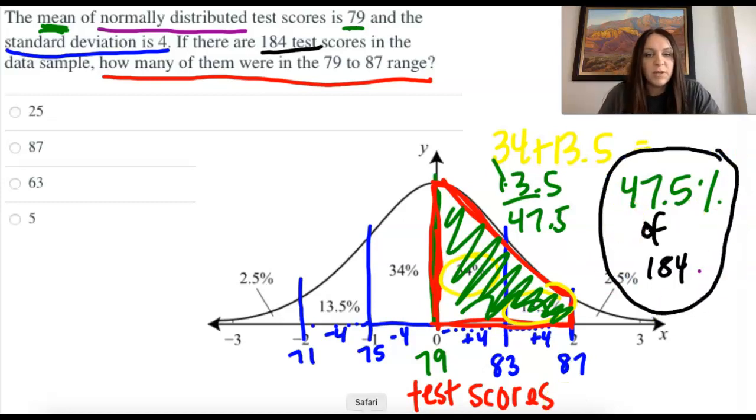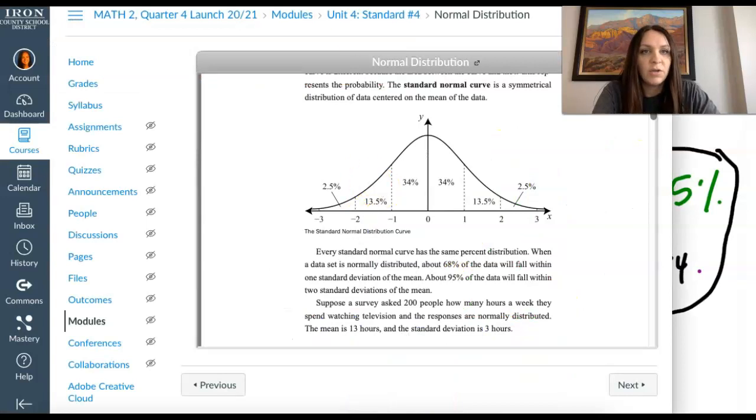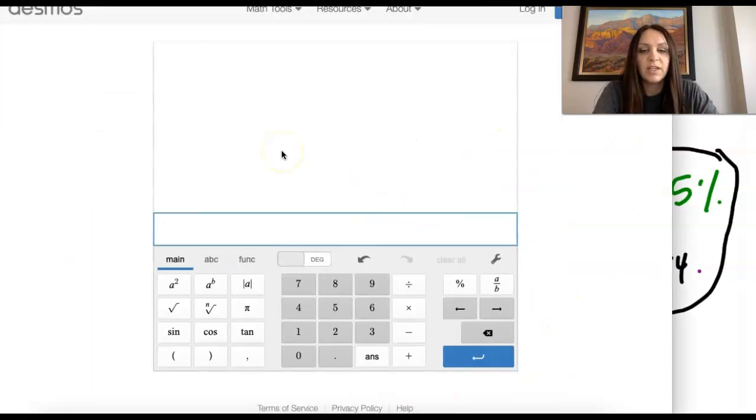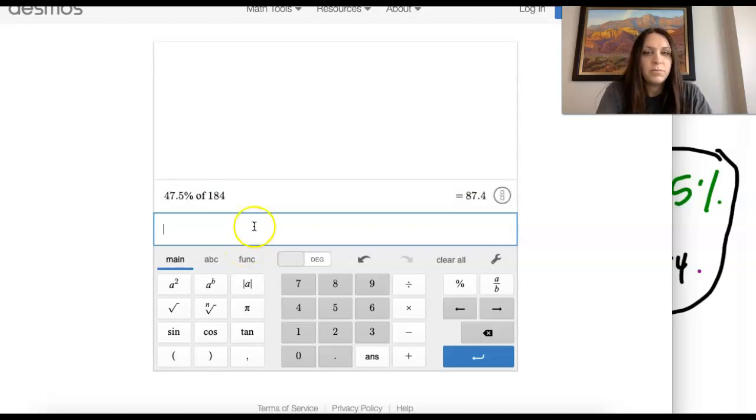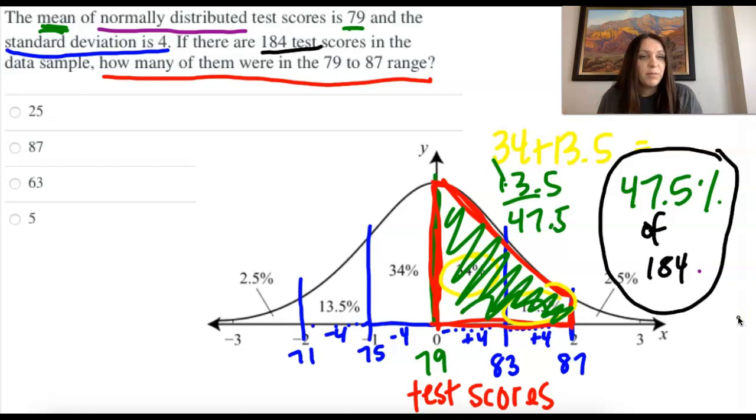So I'm going to go to Desmos and I'll show you an easy way to do percentage. If I type 47.5%, Desmos inserts the "of" and then 184. You can still do it the old way: you would move the decimal back twice and do 184 times 0.475.